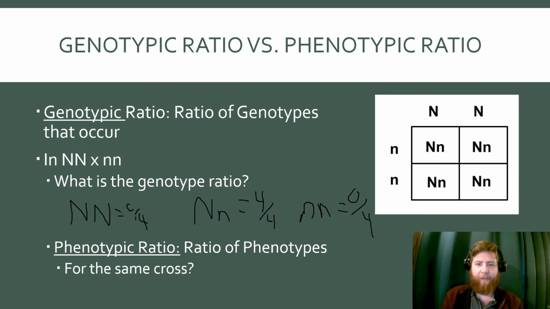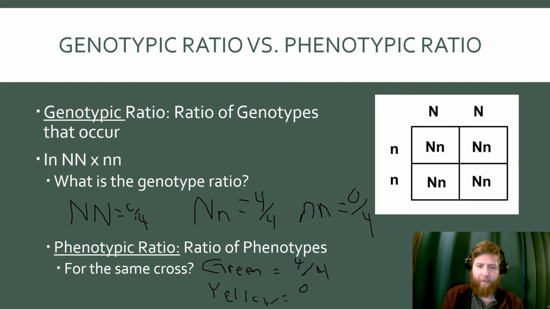For the phenotypes, let's say that this is green or yellow pods. We could have gotten green, which is the dominant. We got 4 of those, 4 out of 4, excuse me. Or we could have gotten yellow, which would have been little n, but we didn't get any.